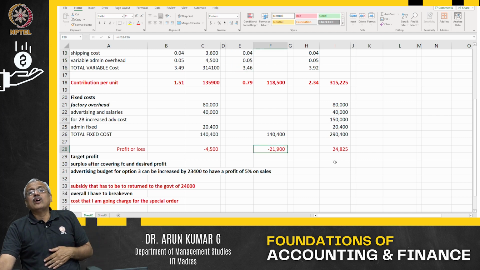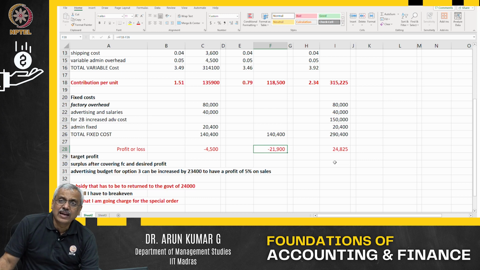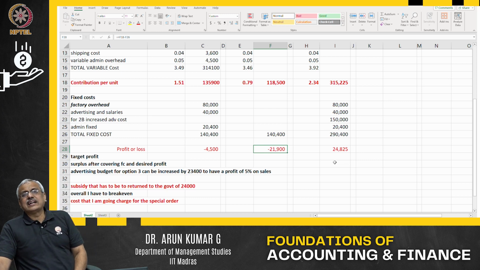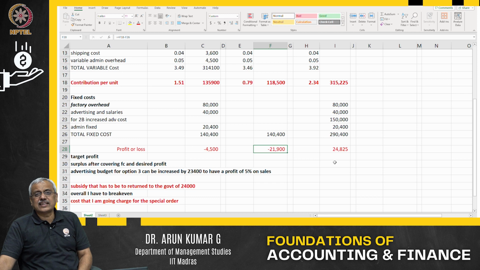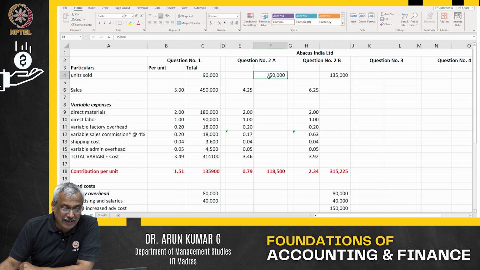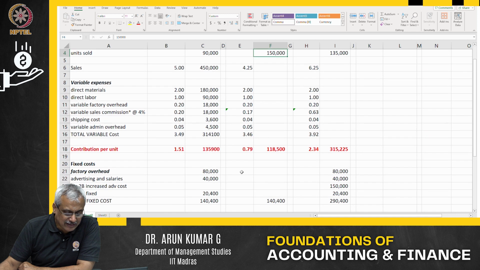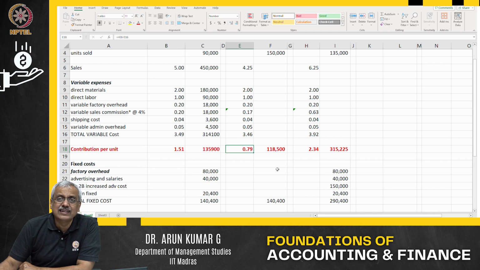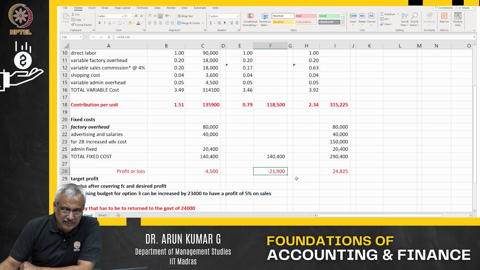It becomes worse for me, because my loss significantly enhances when I cut my price by 15%, even though I fill my capacity. My contribution per unit, which was 1.51, drops to 0.79, and it is not sufficient.